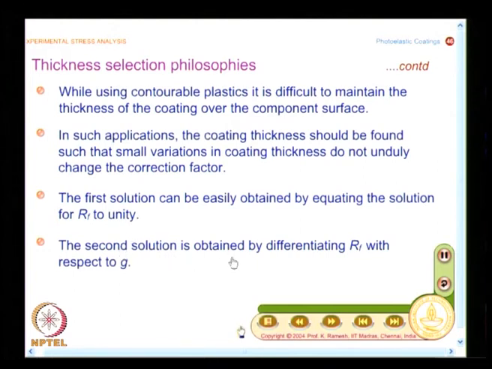The second solution is obtained, that is the thickness should not change, the correction factor should not change for small variations in coating thickness, is obtained by differentiating the correction factor expression with respect to G, and we have already seen G as ratio of thicknesses.